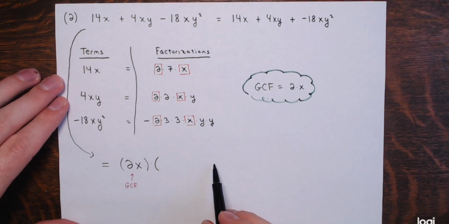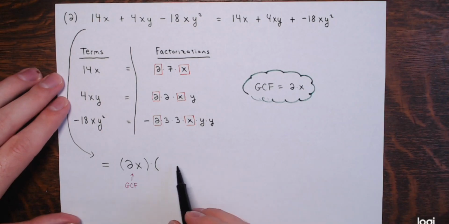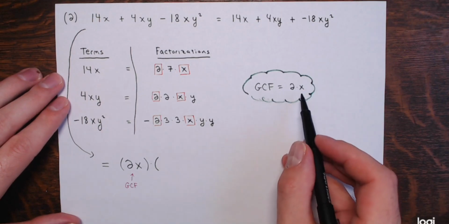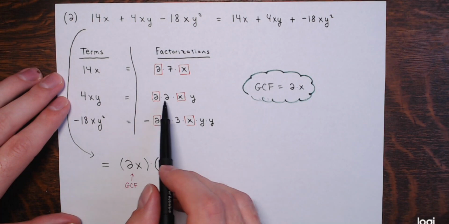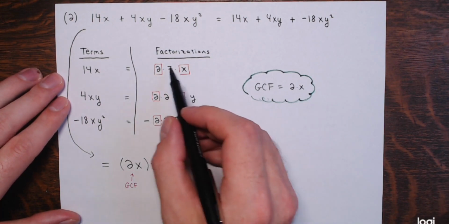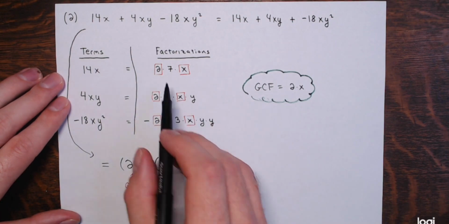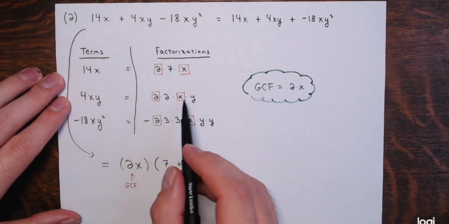In this other factor, I put the factors that remain in each of the terms when I remove the greatest common factor, and that's what's nice about having these factorizations listed off. If I remove 2x from the 14x, you're left with 7. Plus, if I remove the 2x from the 4xy, you have 2y left over.